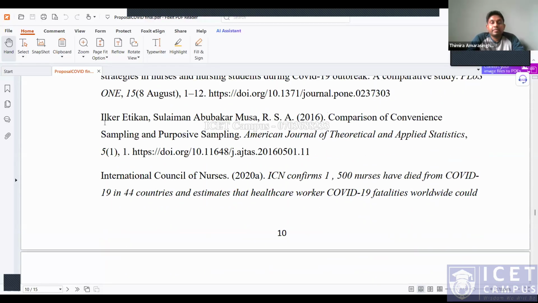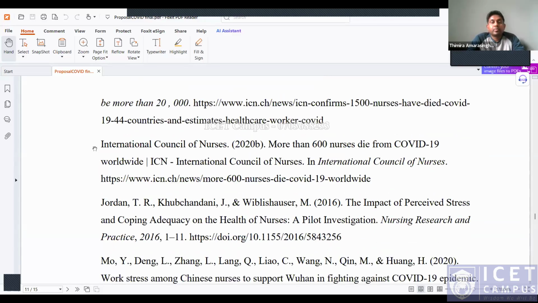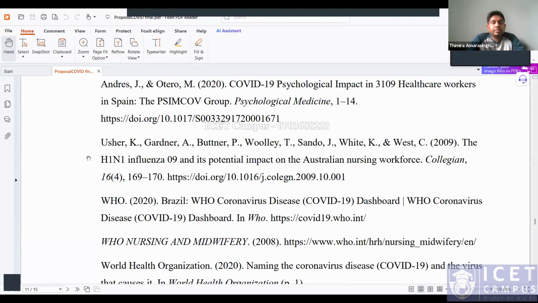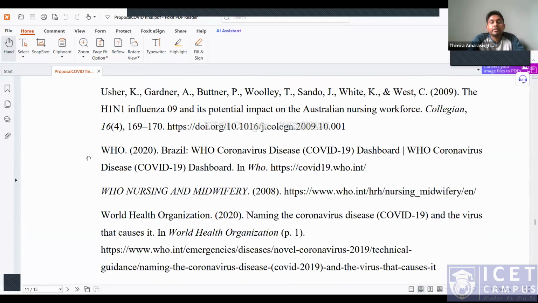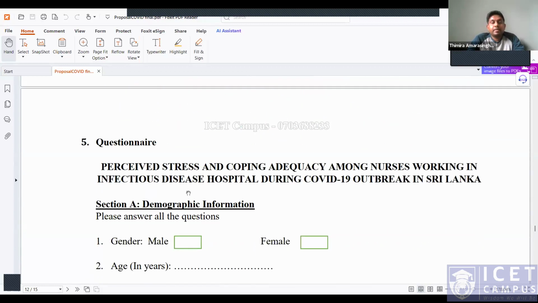So regarding the references, I briefly mentioned we have to use citation styles, which we discussed briefly during our literature review discussion. And then the annexes need to be incorporated.